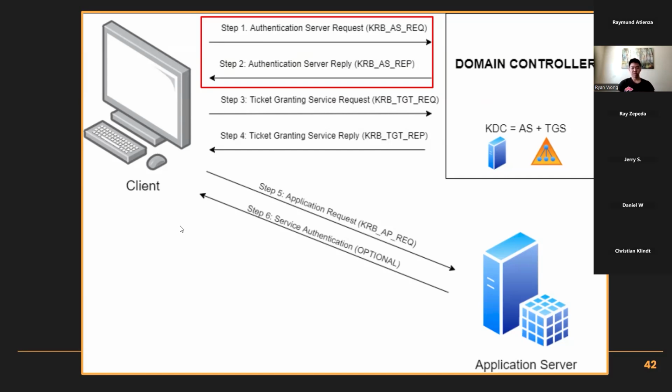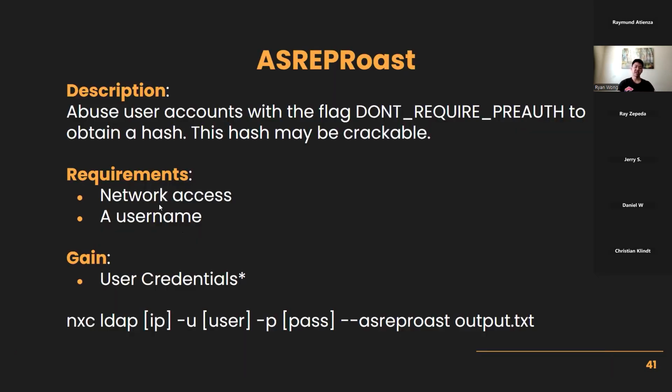Some requirements for AS-REP roasting are network access and a username. Without a username, you can't request a TGT because you don't know who to target. There are many ways to obtain users, and you could technically perform AS-REP roasting without users, but it's not very reliable.